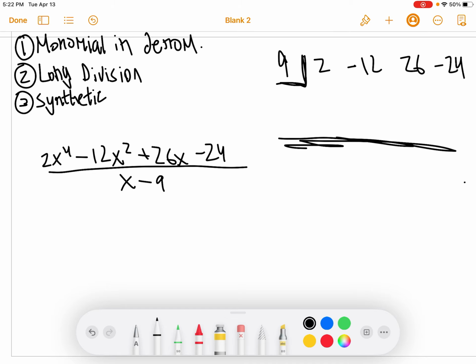Now you bring this first number down and put it below this line right here. So we have 2. Now, we're going to do a constant process of adding and multiplying. So we do multiply, add, multiply, add, multiply, add until we're done.